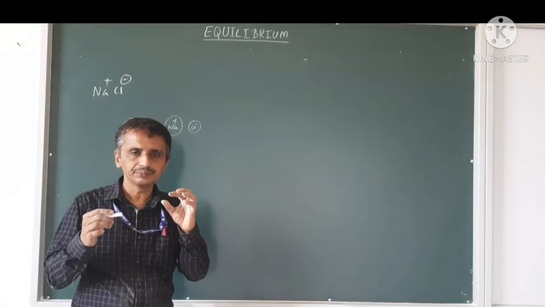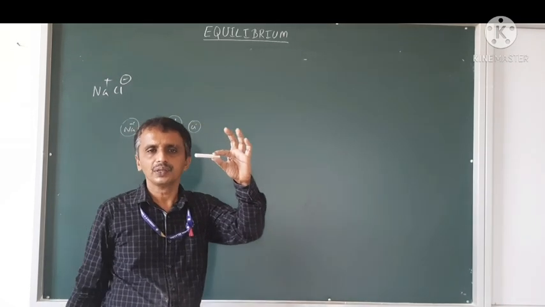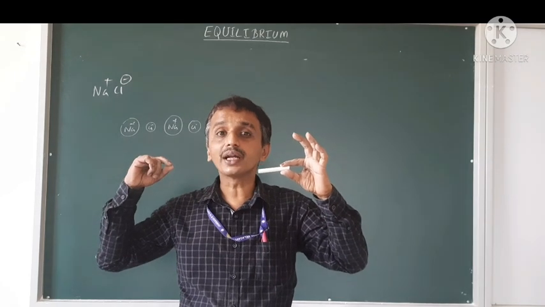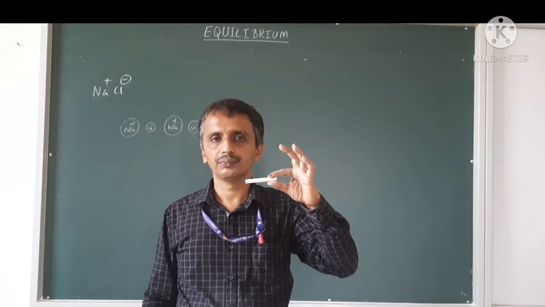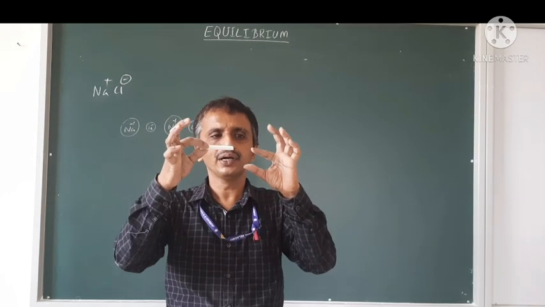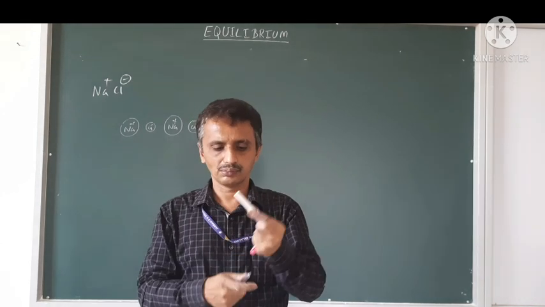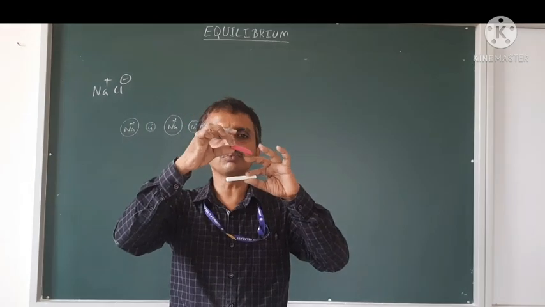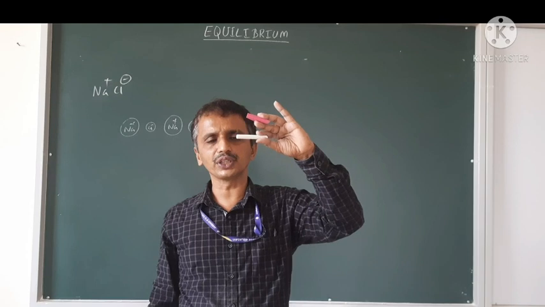Or say here, Na+ is fixed to the lattice point, and you are dissolving it in water. Water is polar in nature. Again we say, this is Na+ ion, fixed to the lattice point. And this is Cl- ion, which is fixed to the lattice point.